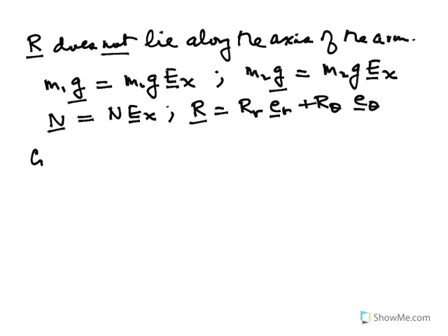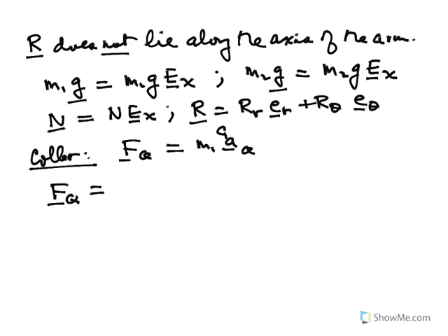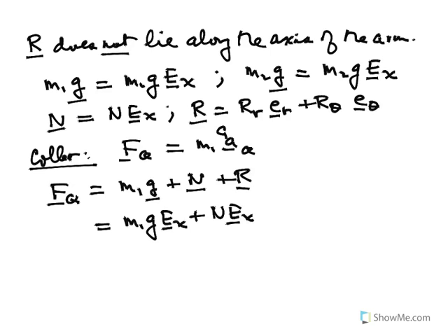So now let's do these together. So we know for the collar, again, we have Newton's second law. So we've got F_Q equals m1 a_Q in G. Well, F_Q is equal to what? It's equal to m1g plus N plus R, which is equal to m1g ex plus N ex plus R_r er plus R_theta e_theta.